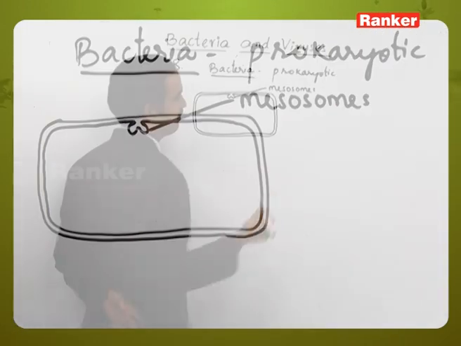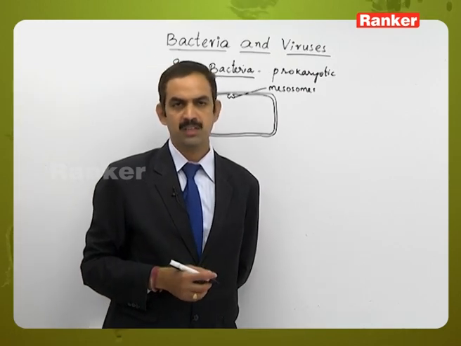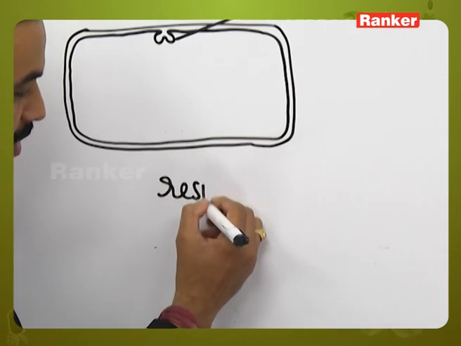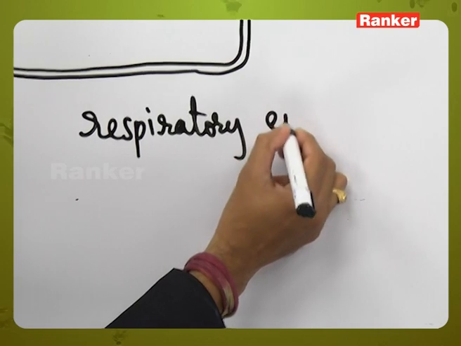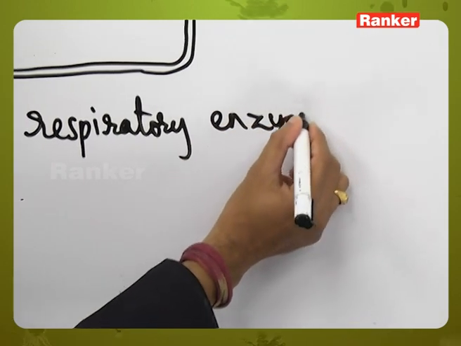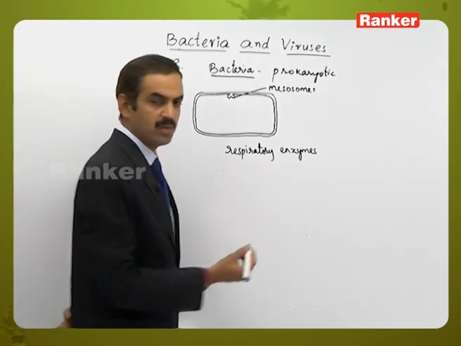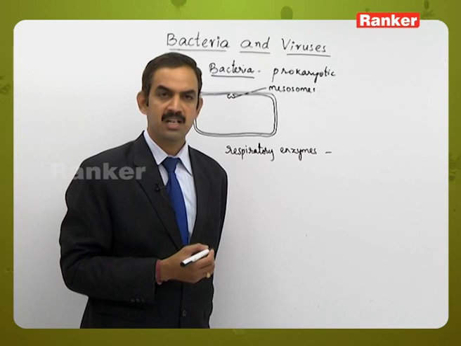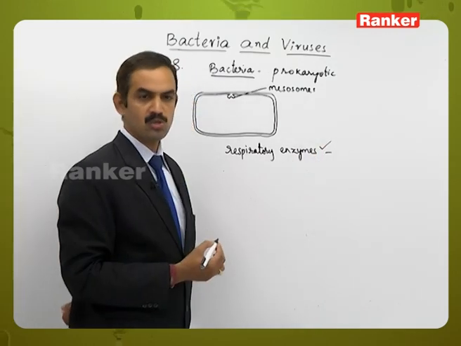When the scientists came to know that this type of inner folding was present, they considered that these contain the respiratory enzymes, meaning the enzymes used in the respiratory process, like cytochrome oxidase and also the dehydrogenase enzymes. That means respiratory enzymes are present in the mesosomes.